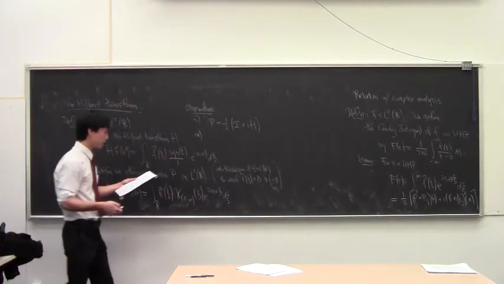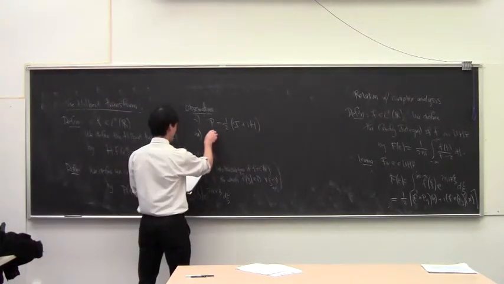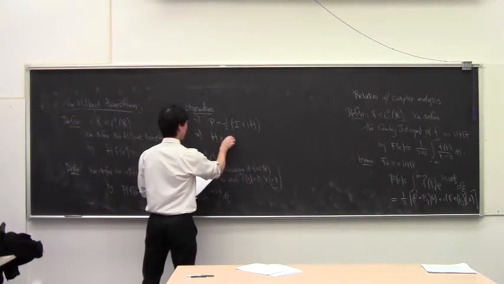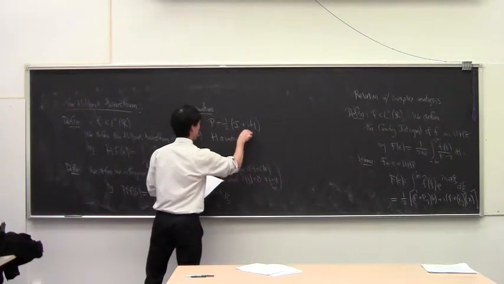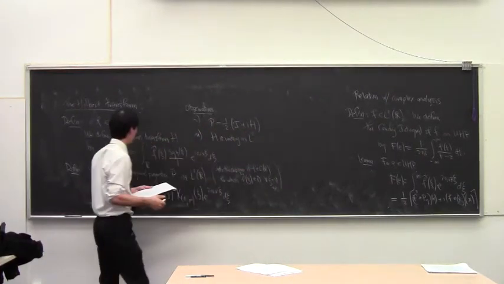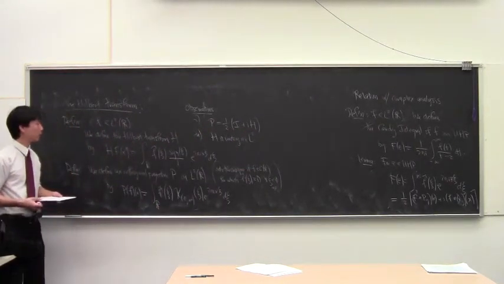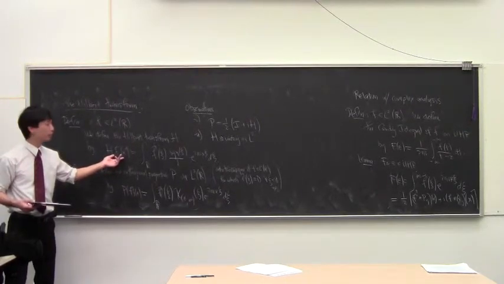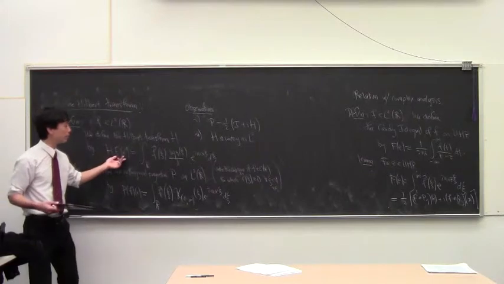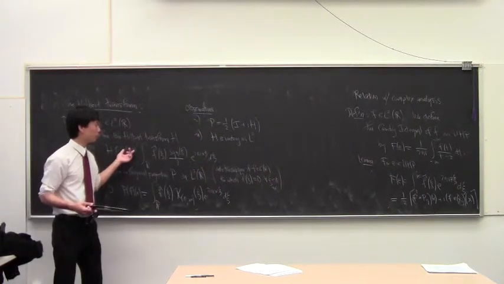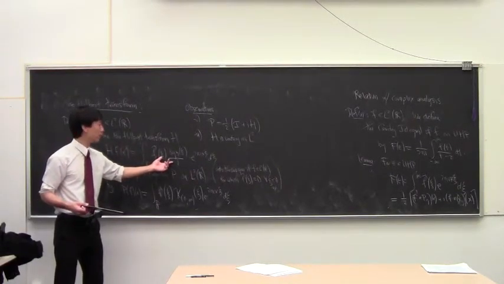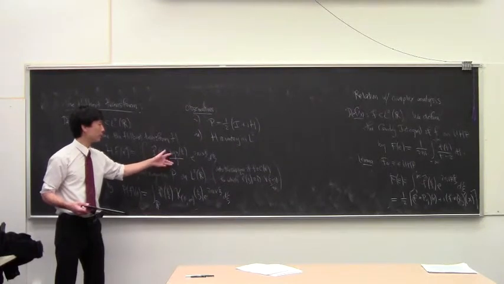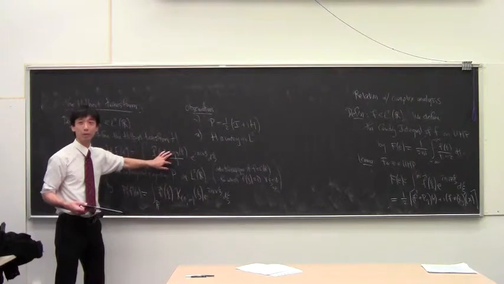Second observation, H is unitary on L2. Because what's the Fourier transform of Hf? It's just the Fourier transform of f times this constant, but this constant has norm 1.